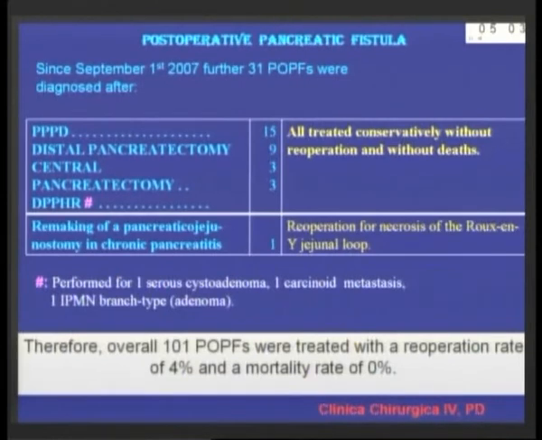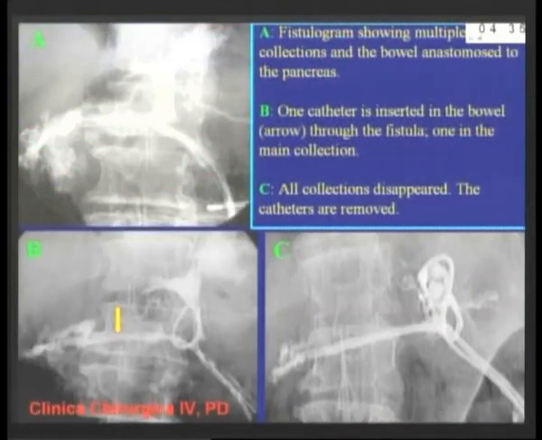It was remade during surgery, but the jejunal loop underwent necrosis. So we needed to resect the necrotic jejunal loop and to perform another anastomosis. The reoperation rate overall was 4%, and the mortality rate was 0%.